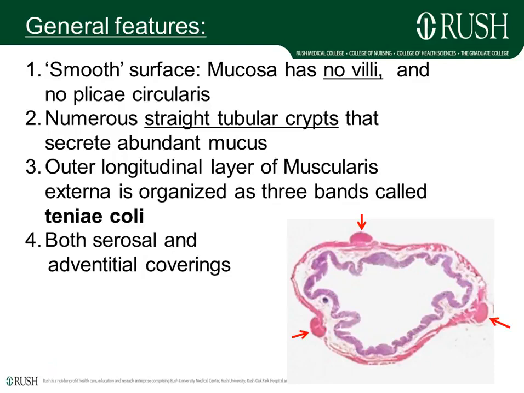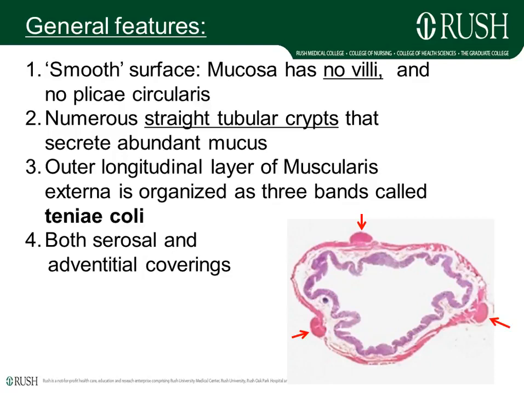Another defining feature, other than the lack of villi and many straight tubular mucus-containing crypts, is the organization of the muscularis externa. So instead of having two continuous layers of smooth muscle, the inner circular and outer longitudinal, the outer longitudinal layer is organized into 3 bands called the tenia coli.